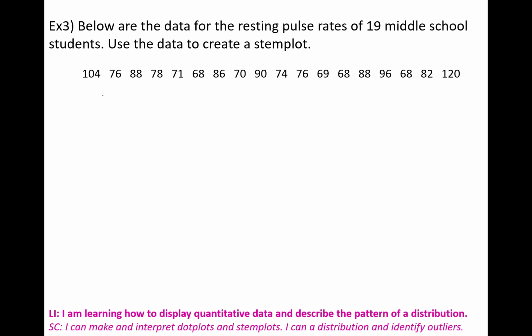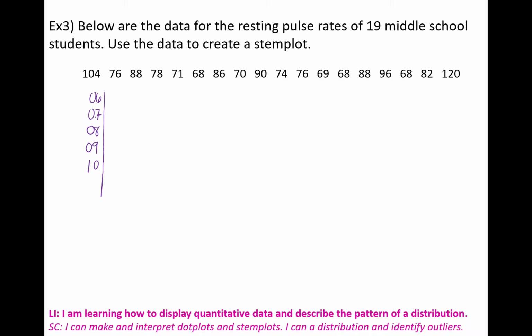So first of all, I'm going to draw myself a nice vertical line. And then I'm going to list 0, 6. That's for my 60s. I'm just giving it 2 digits. Then I have 0, 7, 0, 8, 0, 9, and then 10.